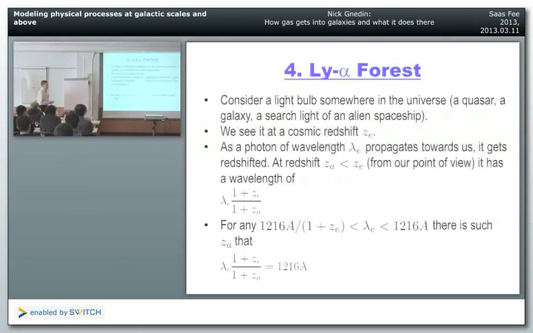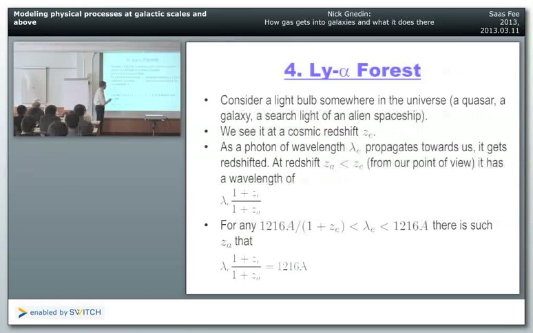And we see it at a cosmic redshift, z sub e. It's a redshift at which light was emitted. A photon with a wavelength which it had at the moment of emission is going to be redshifted. So again, for those of you who know, it's all trivial, just check your email and think about planning your skiing trip in the afternoon.